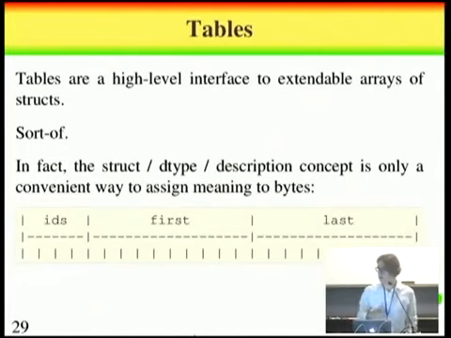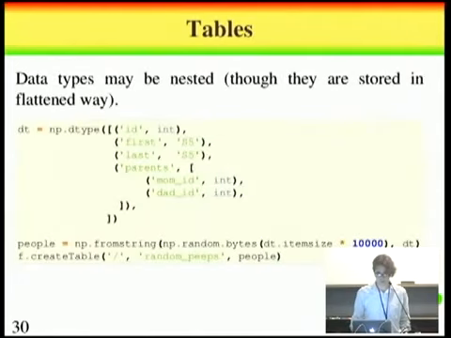So going back to our person example, say everyone has an ID and a first name and a last name. That ID might be an integer, which you might say is 4 bytes or something. I'm going to call that ID, and then I'm going to call the next 10 bytes my first name. And when I get that data back out, I know to cast it to a string. Data types, as well as structs, may be nested.